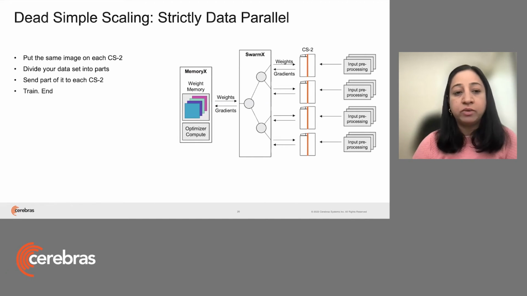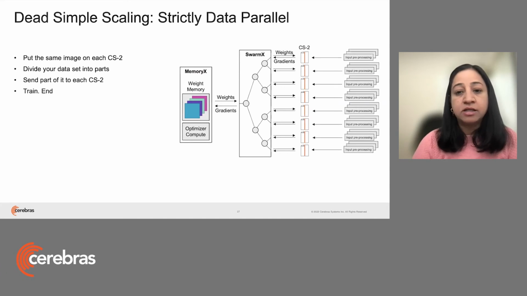Again, all we do is, from the input pre-processing, we divide the data into 4 parts now and feed it into the CS2s and start the training. Next slide. Now it expands into 8 CS2s. This keeps going, and it can go all the way from 8 to 16, 32, or 96 CS2s.